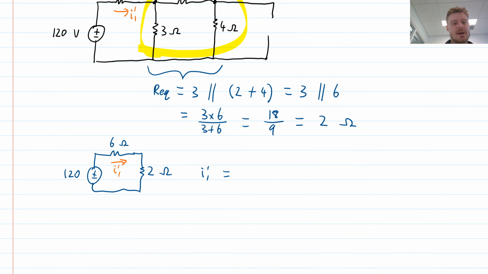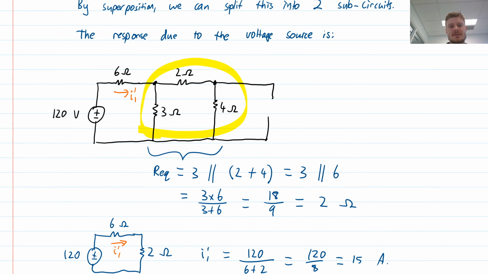So I1 prime is going to be 120 divided by 6 plus 2, so it's 120 divided by 8, which, just grab my calculator, 120 divided by 8 is 15. So 15 amps. So that's the response due to the voltage source, but I also need to know the response due to the current source.